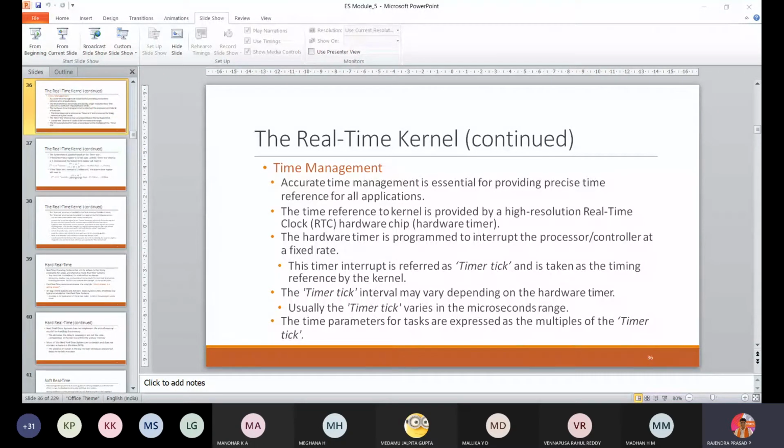Whatever values you get, you convert into days, hours, minutes, and seconds in that calculation. Similarly, if the timer tick is 1 millisecond, earlier it was 1 microsecond, now it is 1 millisecond, so it is 10^-3 seconds. You will get approximately 49.7 days, around 50 days.